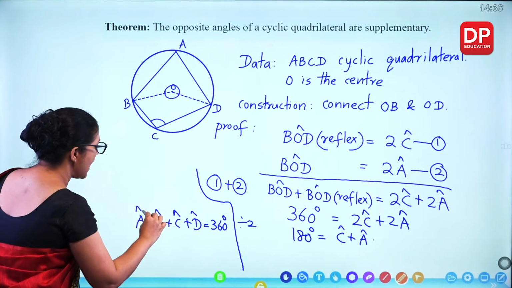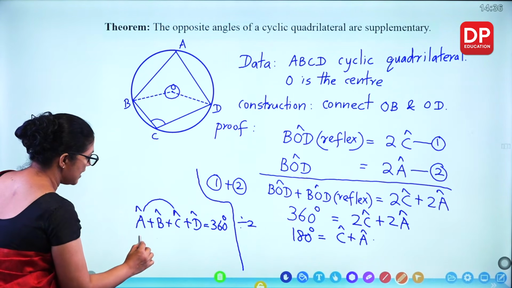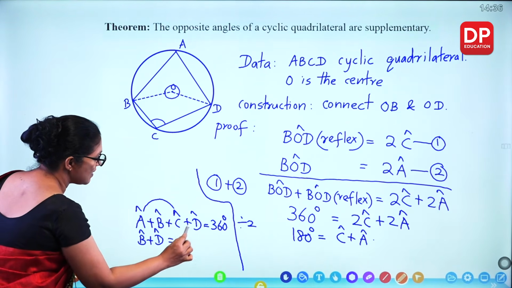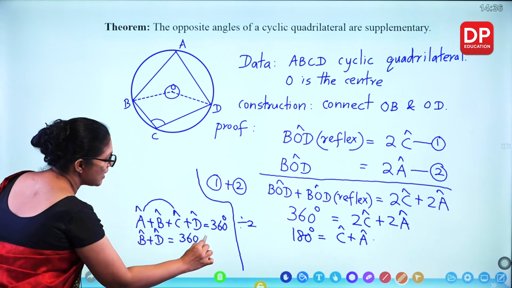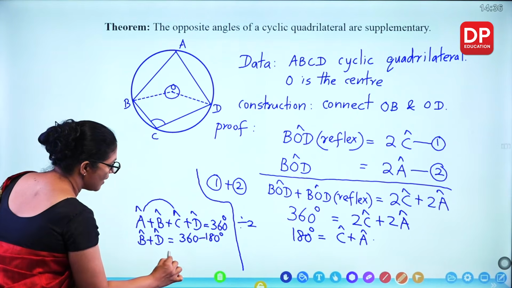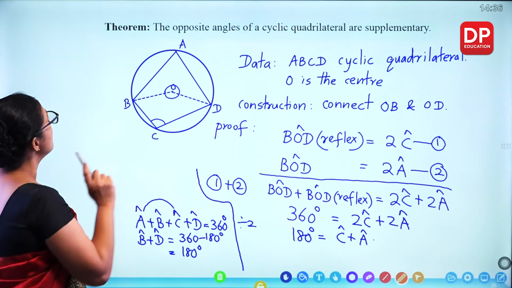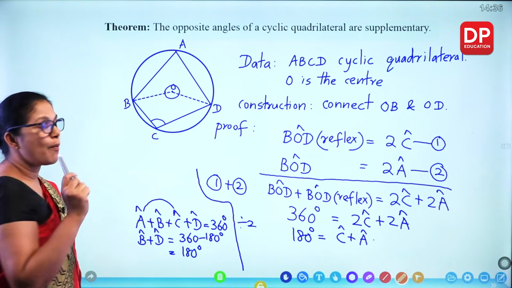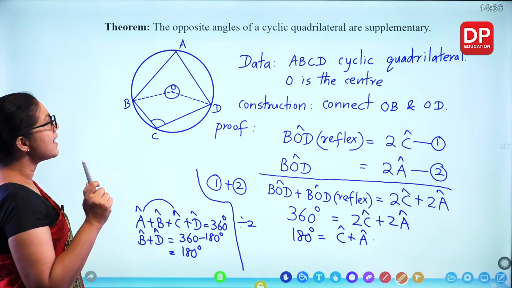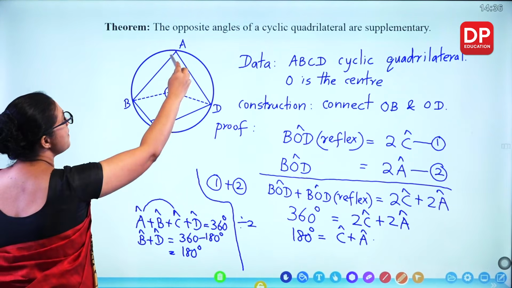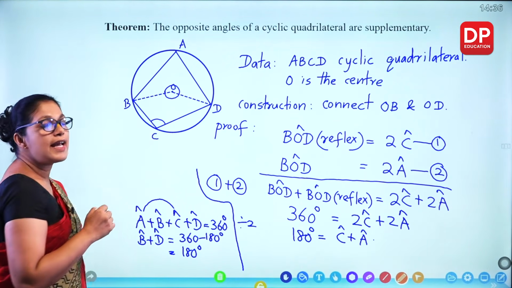Then we know A and C 180. So B plus D is equal to 360 minus 180. You get 180 again. So what's the theorem? Opposite angles of a cyclic quadrilateral are supplementary. That's 180 degrees.